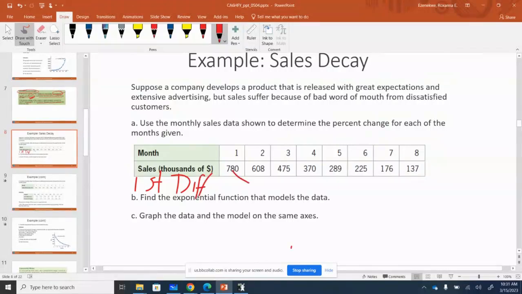What does that mean? It's the distance between 608 and 780. So what you're doing here is 608 minus 780, and what we are doing here is 475 minus 608, 370 minus 475, and so on.